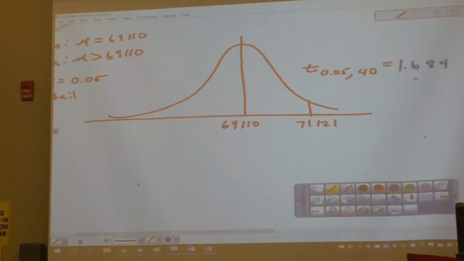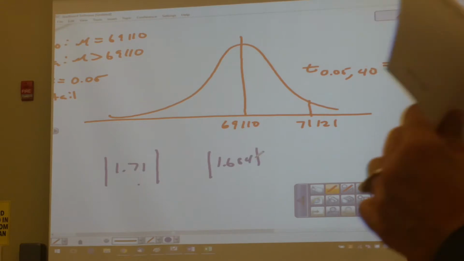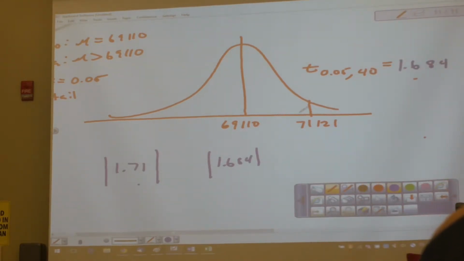Remember when we just said this? I compare the absolute value of the test statistic, 1.71, to the absolute value of the table value, 1.684.